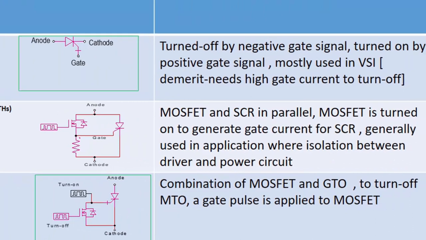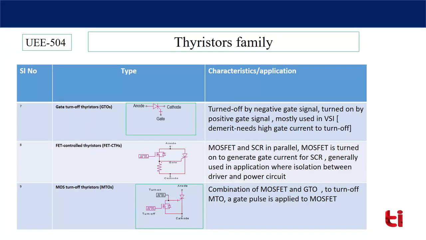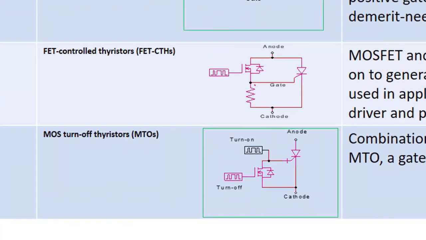Then next one is MOS turn off thyristors. Here it is a combination of MOSFET and GTO. Now to turn on the thyristor, a gate pulse is given, and to turn off the thyristor, a gate pulse is given to the MOSFET.